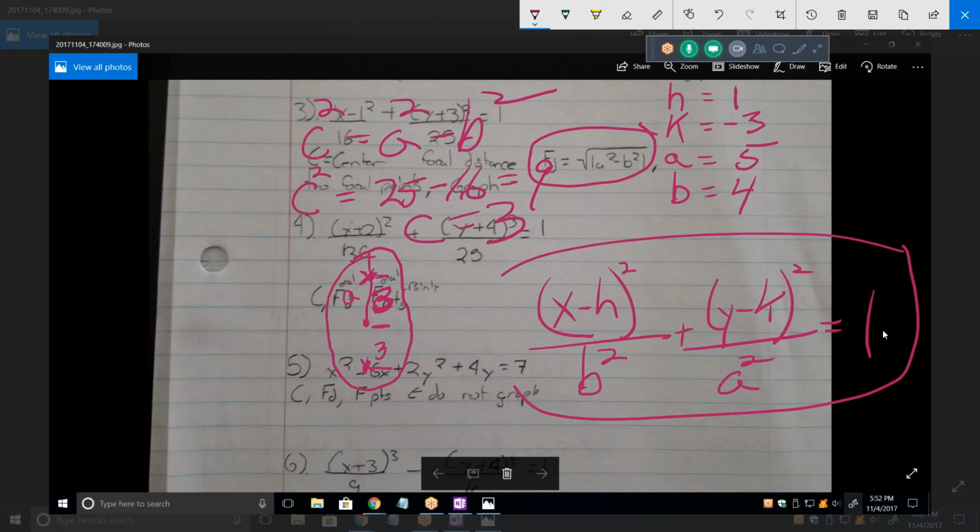A is always bigger than B. So A squared minus B squared is always a positive number. Okay. So the focal distance is 3. So C, what she's calling f of whatever, the focal length, is equal to the square root of A squared minus B squared. That's how you get the focal length.